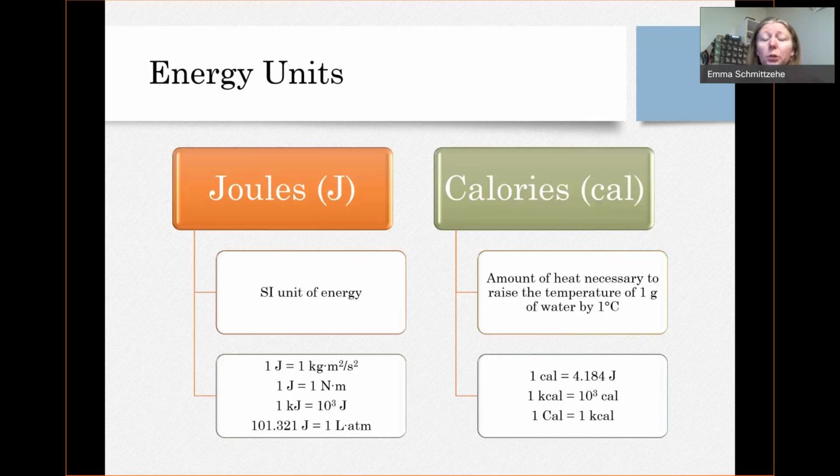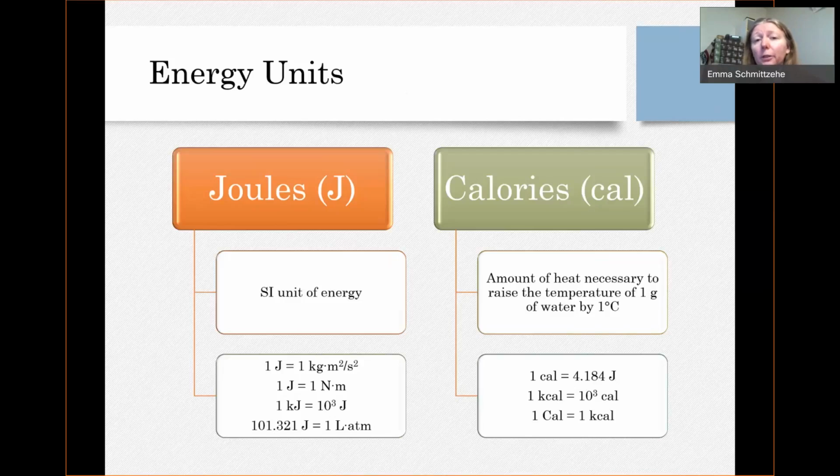You can also use metric prefixes with calories. So a kilocalorie would be 10 to the third calories. Now that actually ties us to what they talk about in biology or in a nutrition type class when they talk about calories. If you look at your food labels and you see calories, that's calories with a capital C. So the abbreviation is capital C and lowercase al, instead of all lowercase.